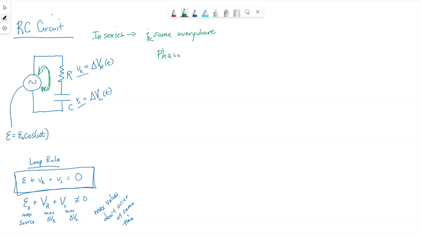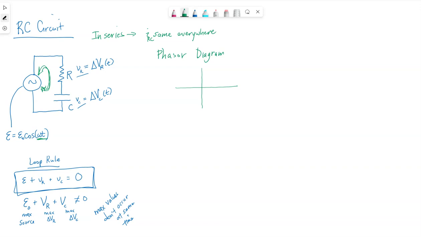Phasors, our phasor diagram. I am going to just choose a moment in time. I can draw this at any moment in time. A phasor, remember, is just a vector. The length of the vector represents the maximum value, and those vectors rotate based off of this omega t of the source. So when I draw a phasor diagram, I'm drawing it for one specific moment in time, and I can choose that time.